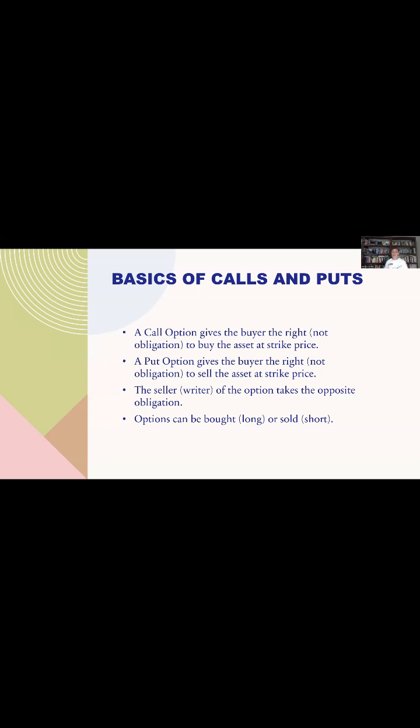Same thing with the put. You can also sell a put. And again, the difference is that by selling the put, if somebody calls that put on you, then you have to buy that security at the strike price.